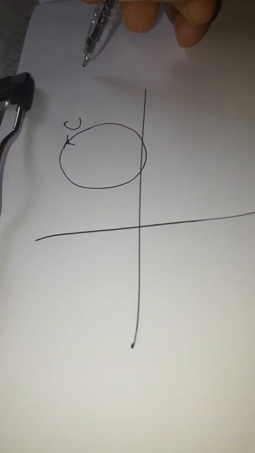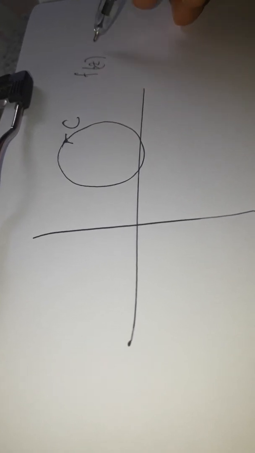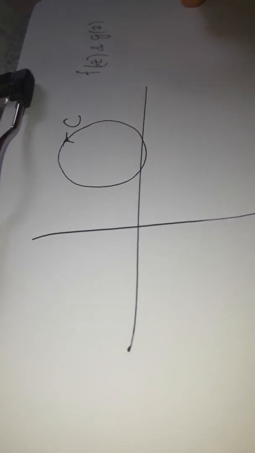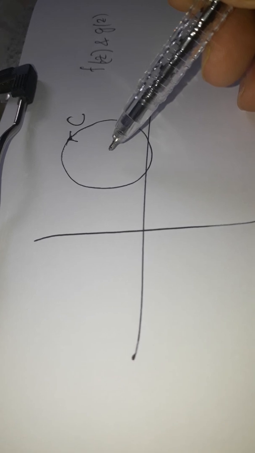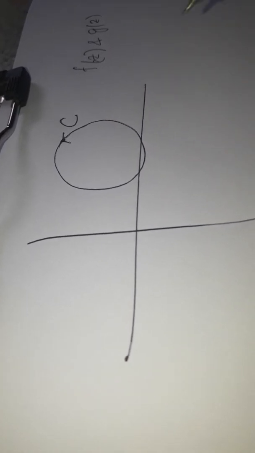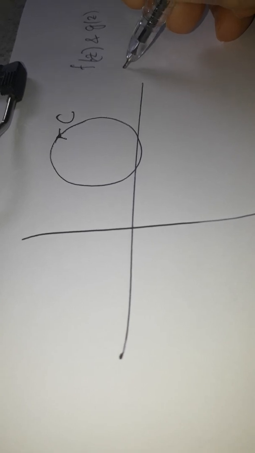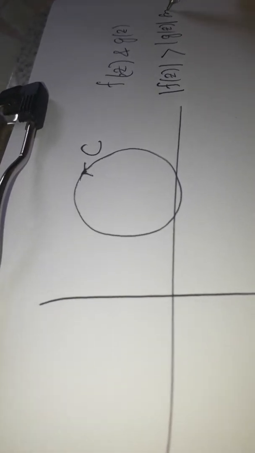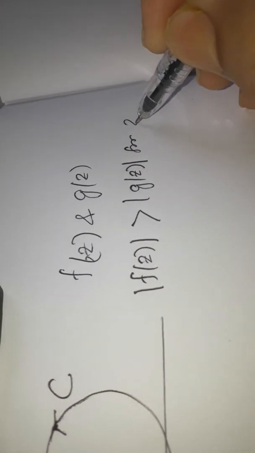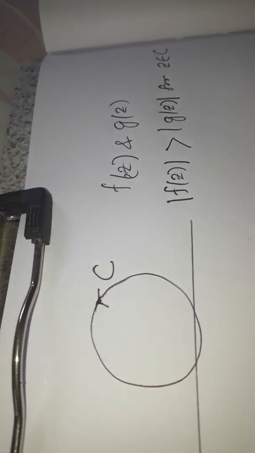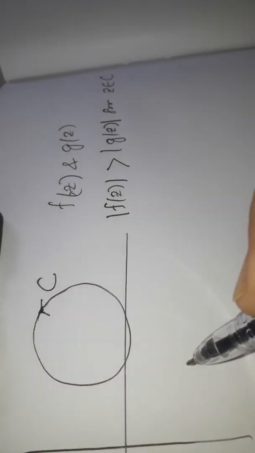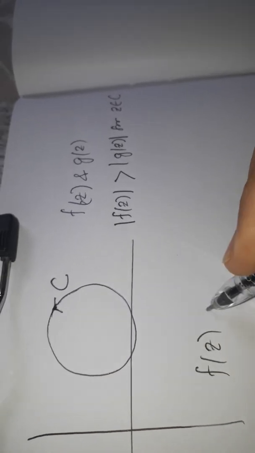And we had two functions, f(z) and g(z), and those are analytic on and inside C, and the other condition was that modulus of f(z) is always greater than modulus of g(z) for the points z on C, on the curve.